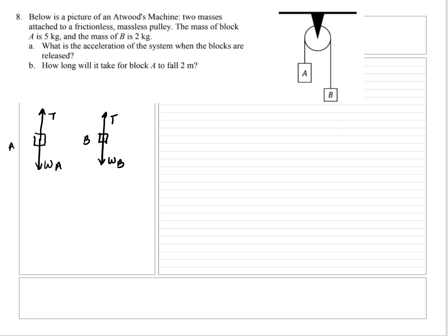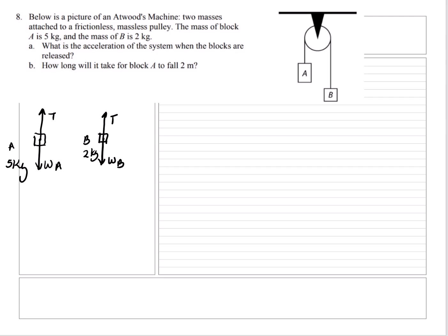The tensions are the same because A and B are connected by a single rope. And in Physics 1, if it's the same rope, the tension along it is the same, and it is massless. We also know that A has 5 kilograms mass, B has a mass of 2 kilograms.